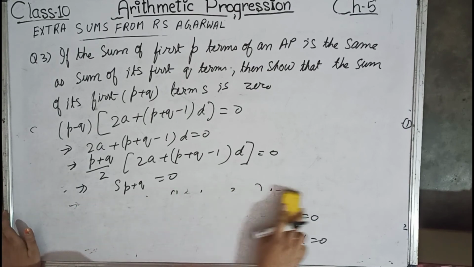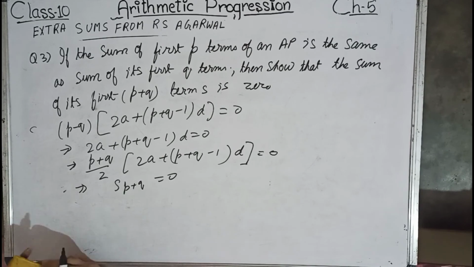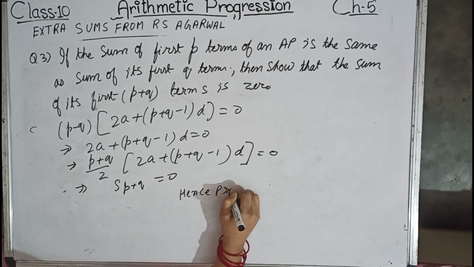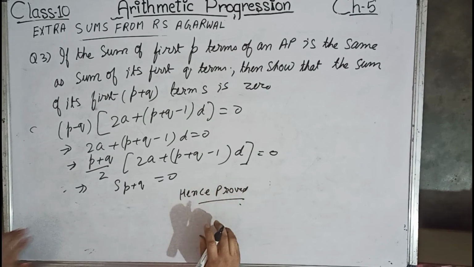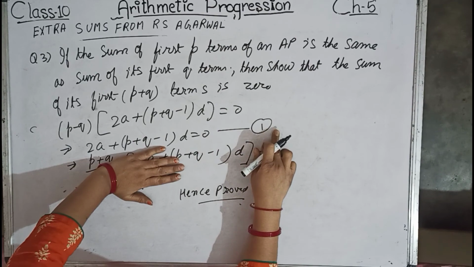So here, children, like this, I think I have discussed this sum in the first formula also. And hence proved. Now what I want to say over here is, another way: I can make it equation number 1.